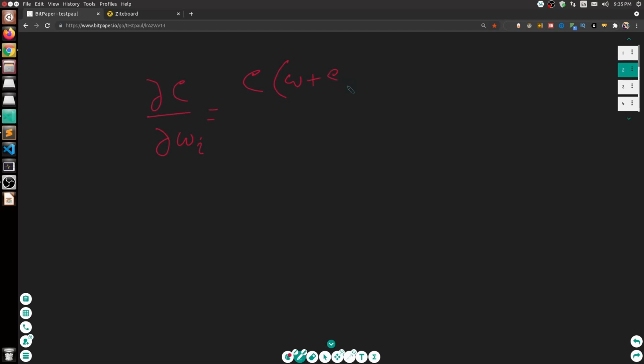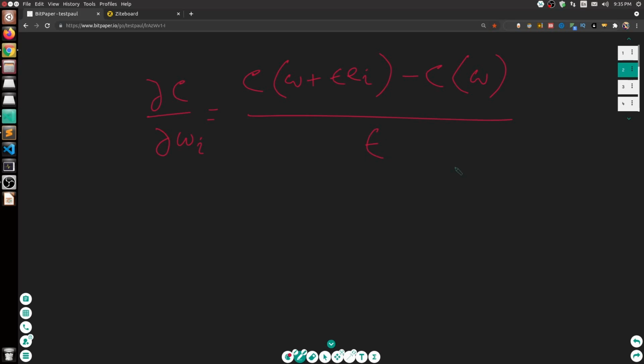Let's denote it with epsilon and Ei. I will explain what these terms are in a while. Deduct the original function, and divide the whole thing by the small amount.